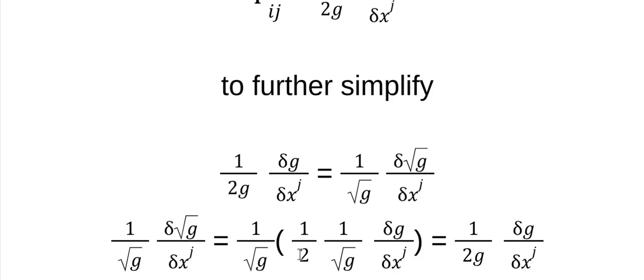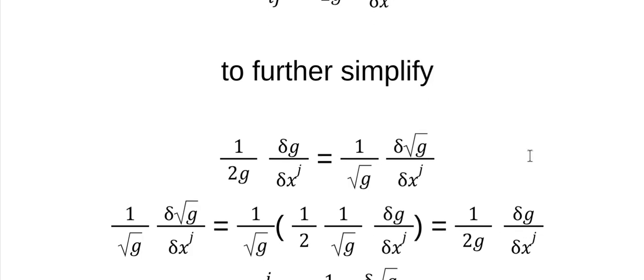Okay. So we bring the 1/2 down. Then we got g to the minus 1/2, which is 1 over square root of g. And then the derivative of what's inside, which is just g. Okay. So the square root of g times the square root of g is just g. Here's the 1/2. Here's this term. So they are the same.